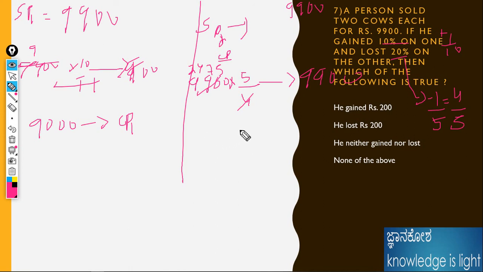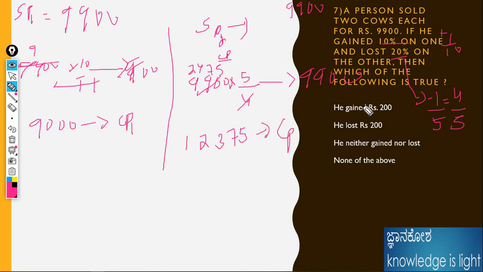This comes to 12,375. This is the CP of the second cow.